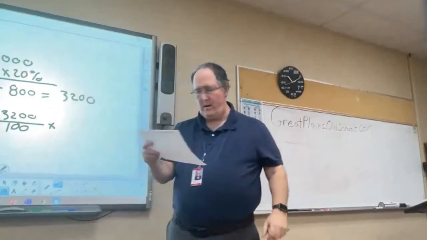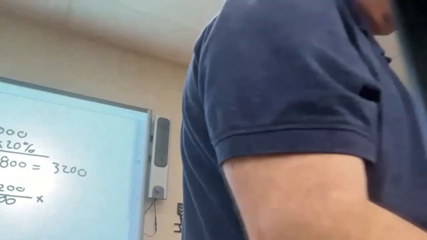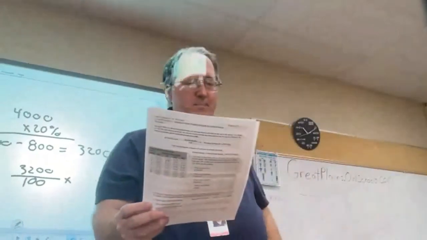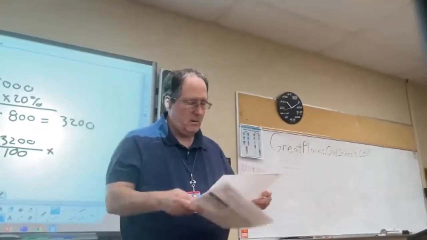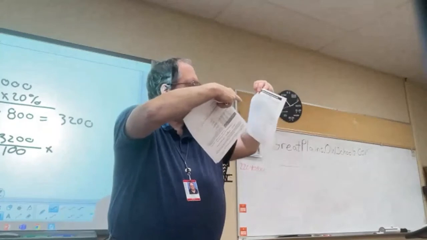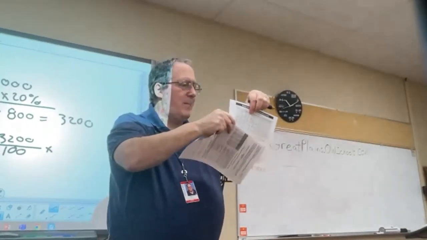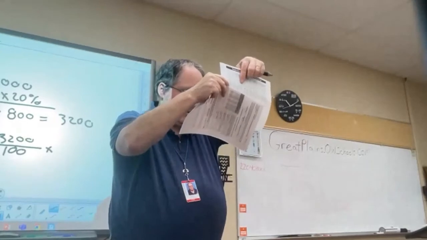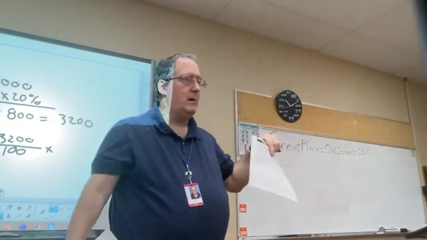Okay, and then you're looking over here in your chart, and they're going to give you a loan for 36 months, 3 years, and they're going to charge you 10%. So looking on your chart, go down to 36 months, and then go over to where it's 10% at the top. 10%, 36, and you got what? 3.23.